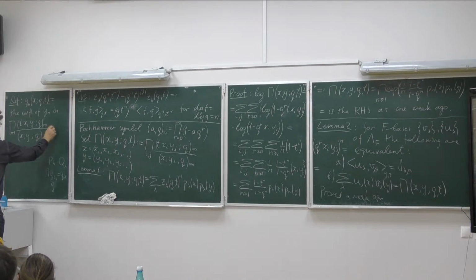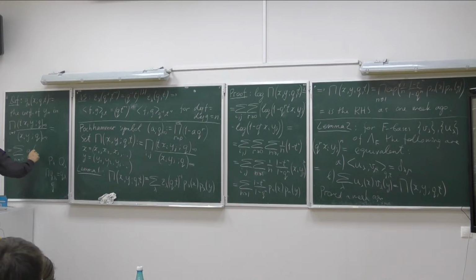Okay, so in other words, this is the sum over positive n of g_n of x, q, and t, times y to the power n, and g0 is 1.